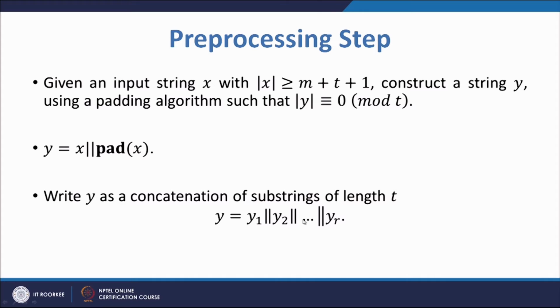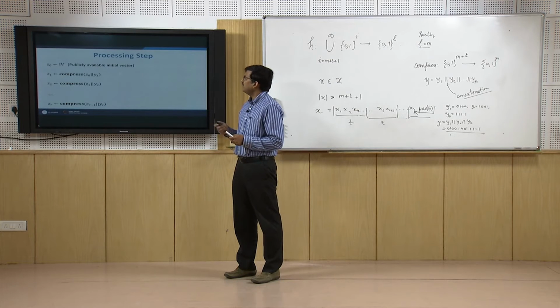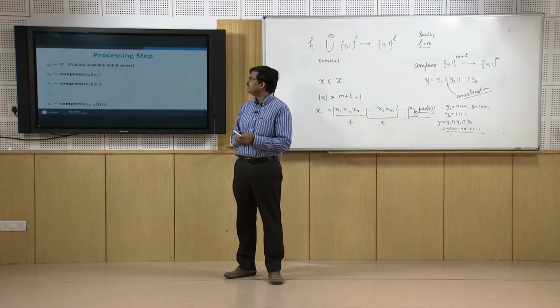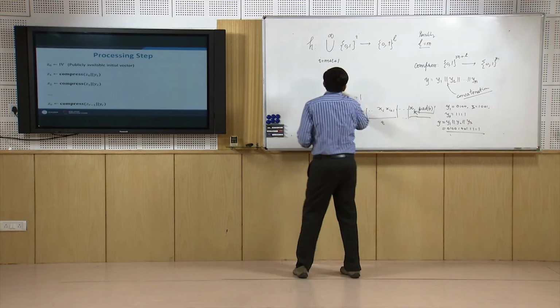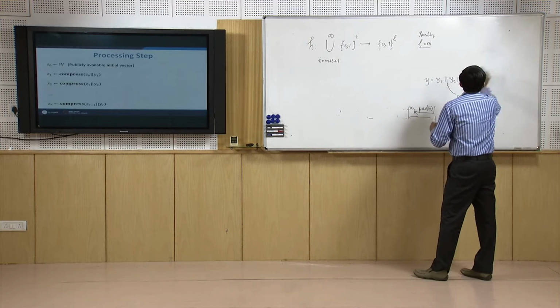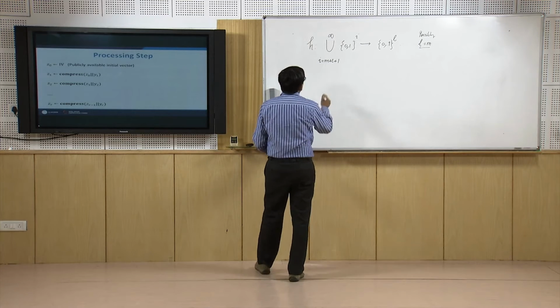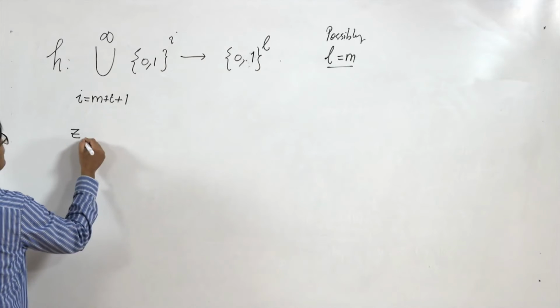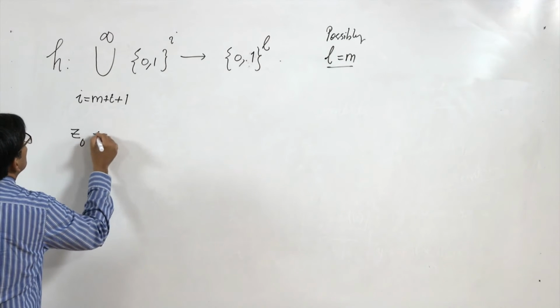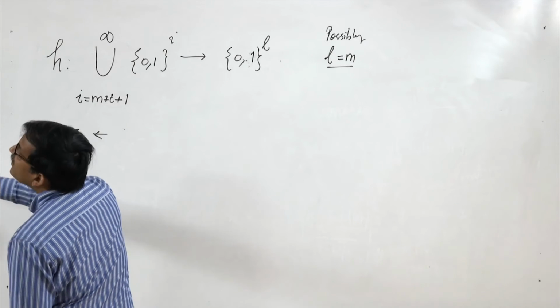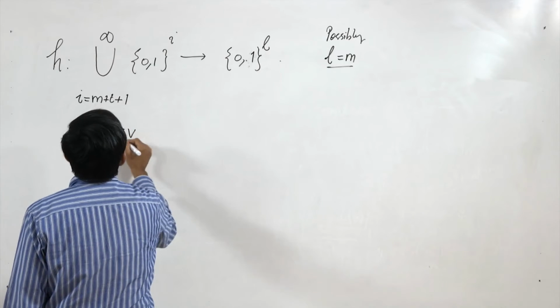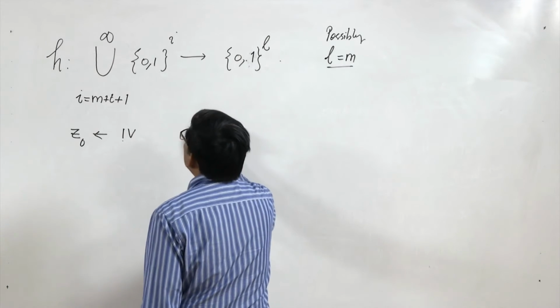Now, let us see how the algorithm goes. We will have a publicly available initial vector which we denote by iv. So, we will put that iv over here and the iv will be of length m. We will start from a vector z0 which will be initiated by iv.